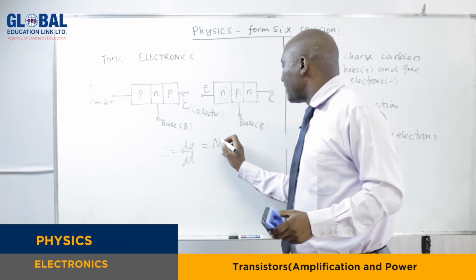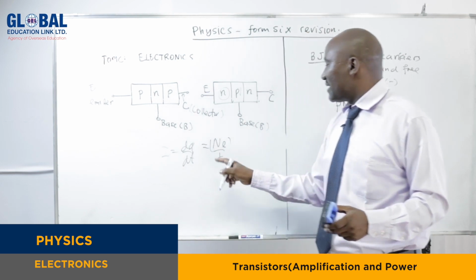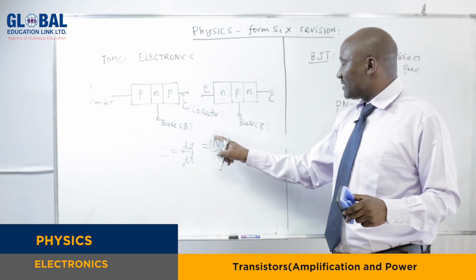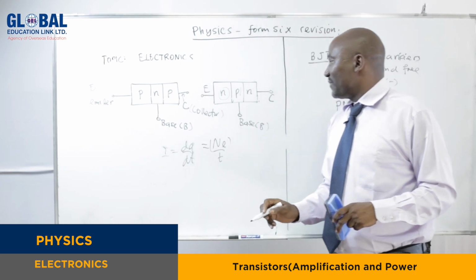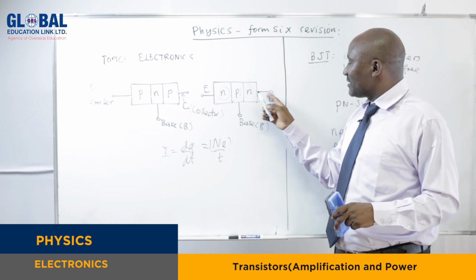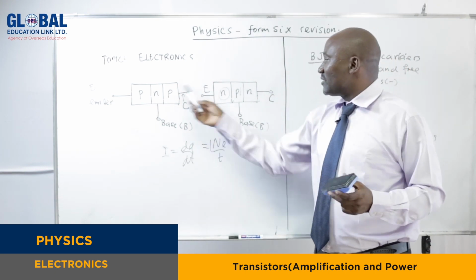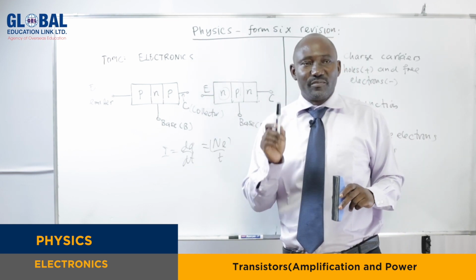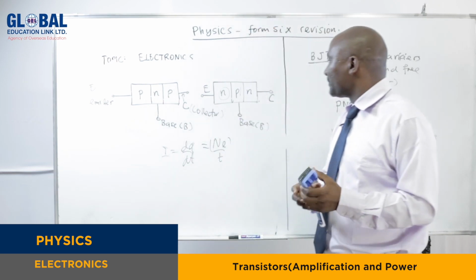It means I = nqe over t: the number of charges times the electronic charge gives the total charge, over time, gives us the current. So if you have few charges reaching the collector, even the current produced will be very small. This is the reason why the base of the transistor should be very thin and lightly doped.